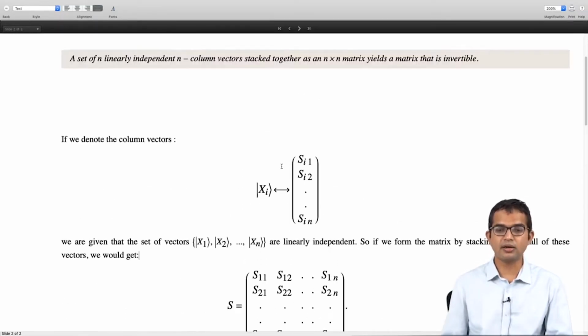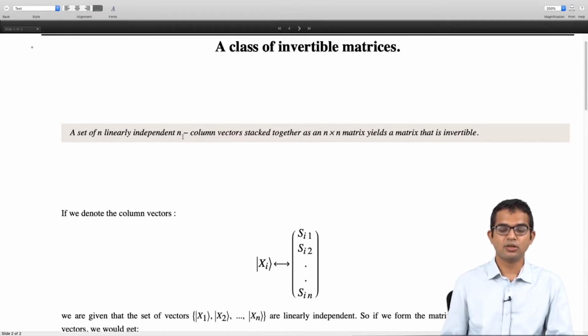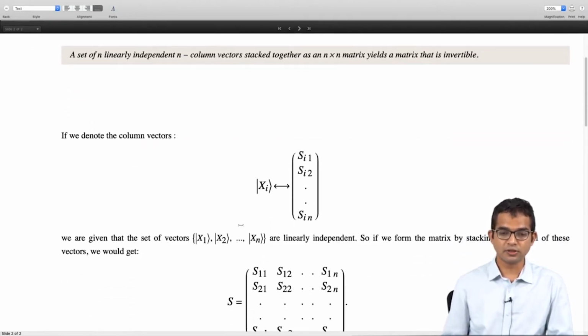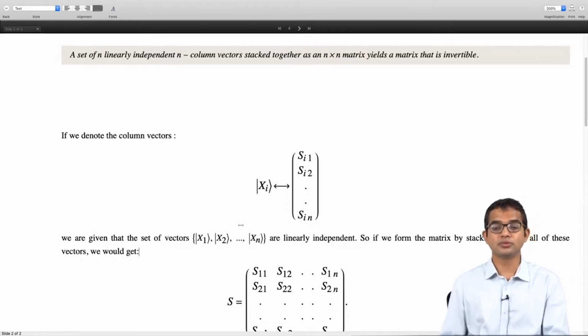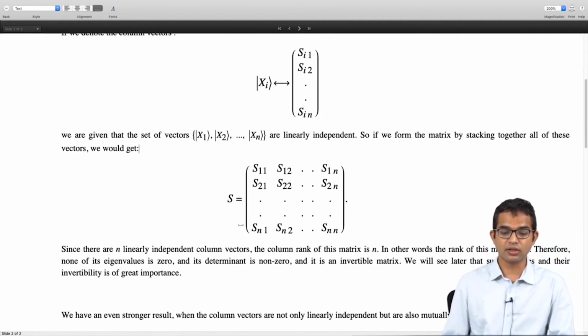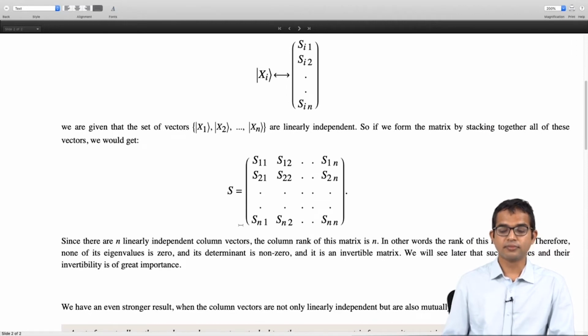With this, we are interested in forming matrices which are got by stacking together a bunch of n column vectors. Now there is a special kind of linearly independent n column vectors. If you had stacked together not just n linearly independent column vectors, but also ones that are mutually orthogonal, right?